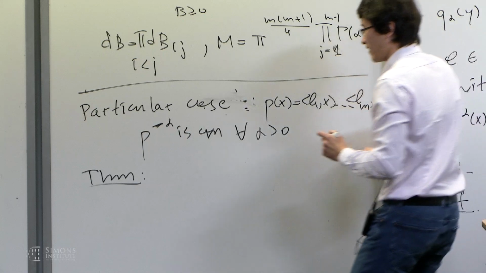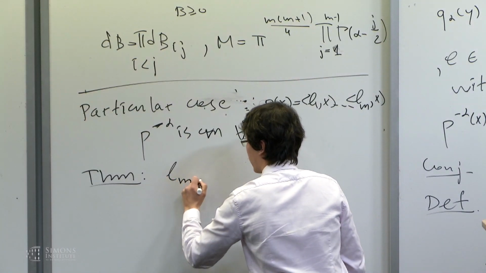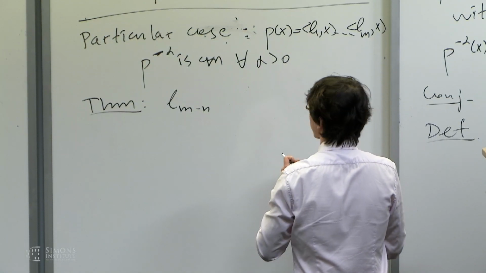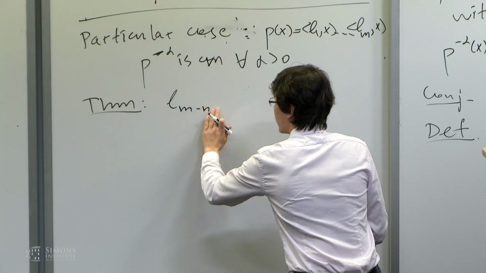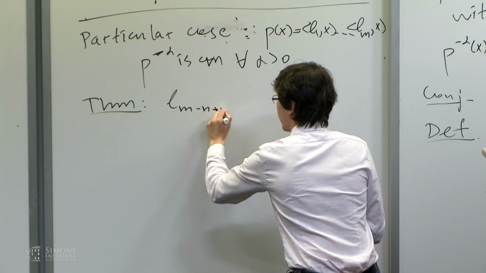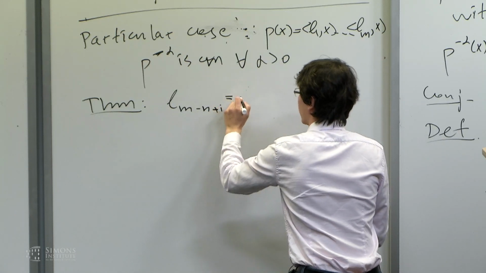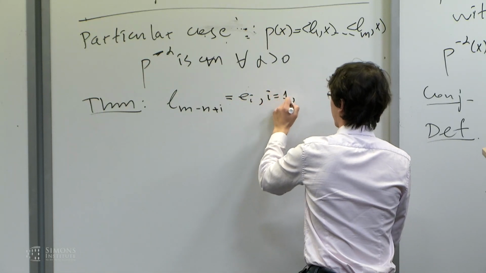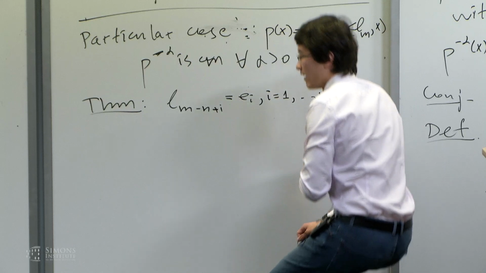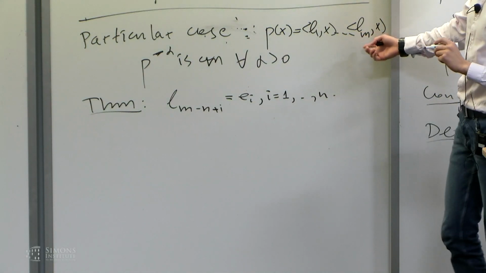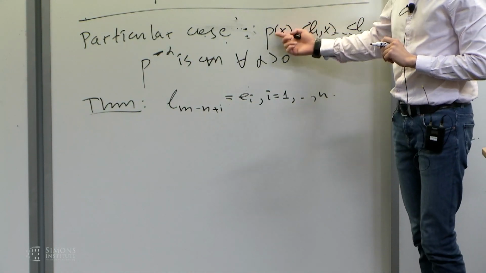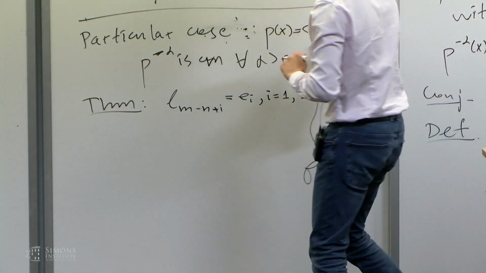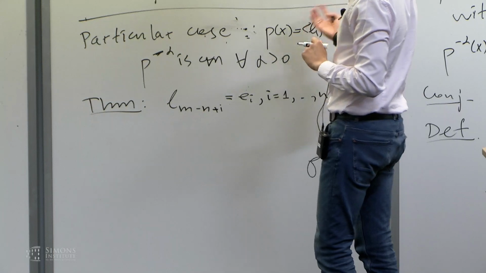So I take L_{m-n+i} to be the i-th unit vector, for i from 1 to n. In particular, my form is divisible by each coordinate. My product of linear forms contains x1 through xn. And the first m minus n forms are arbitrary.